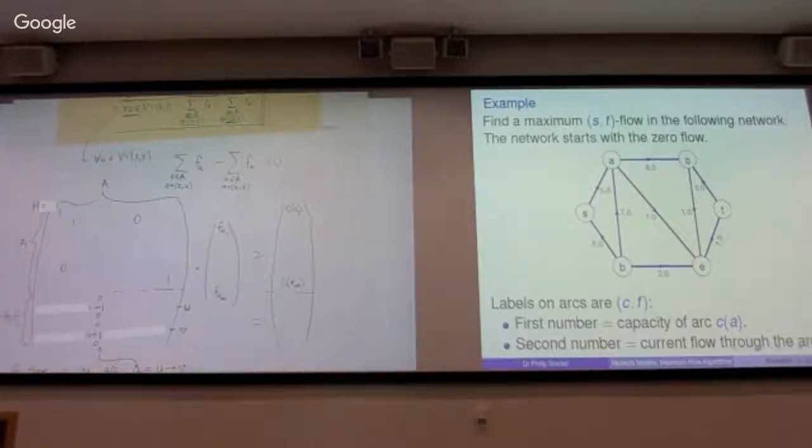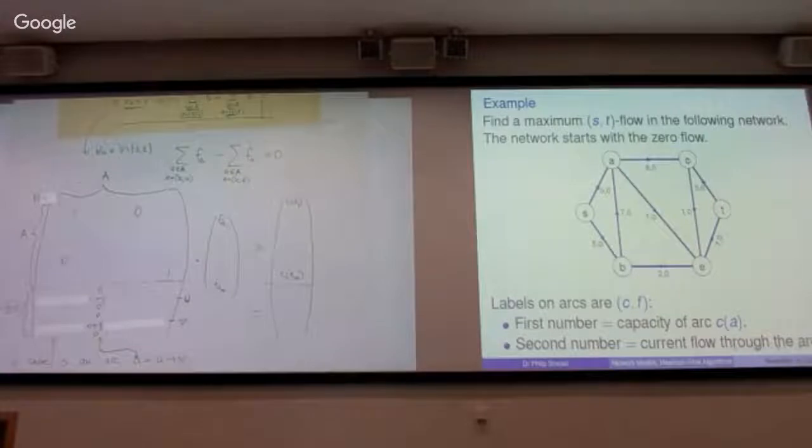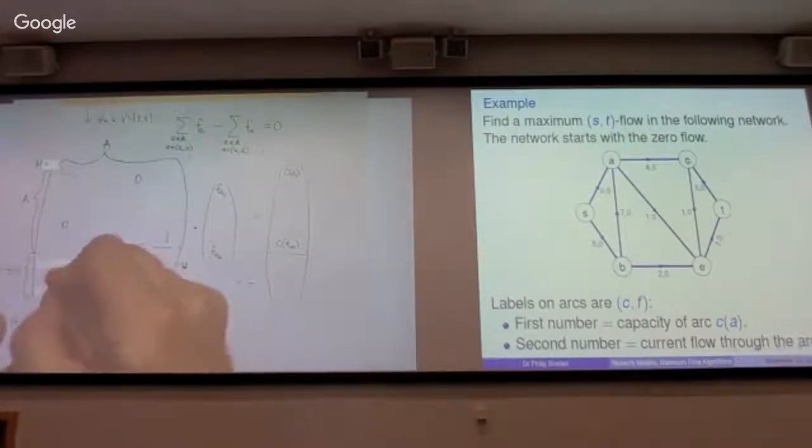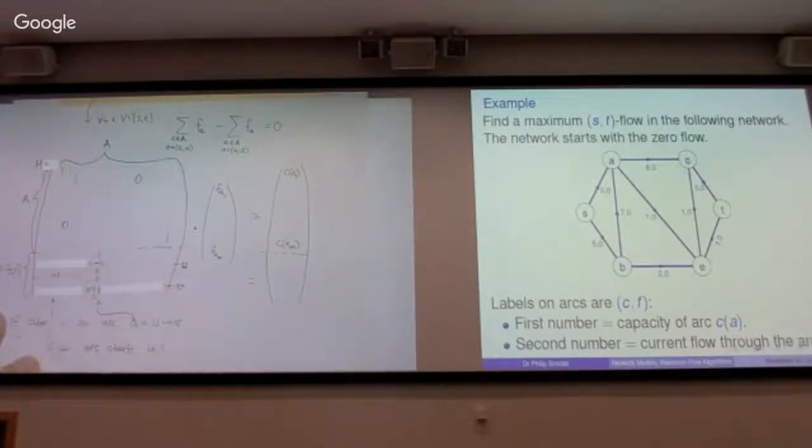And there are special cases. If you have an arc that starts in S, then it only has a +1 somewhere, for the node where it goes to.